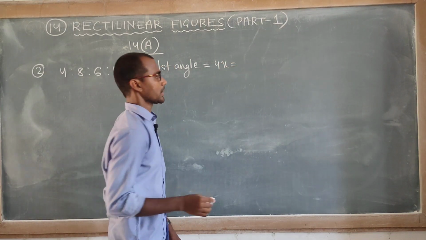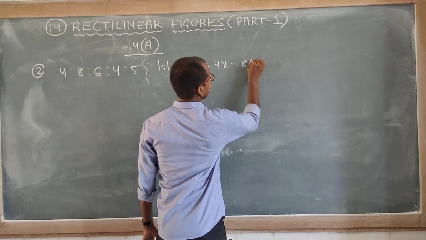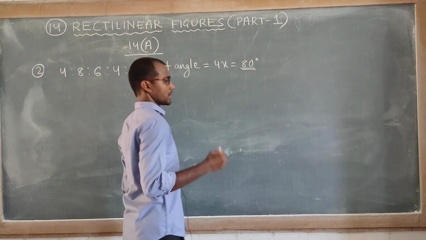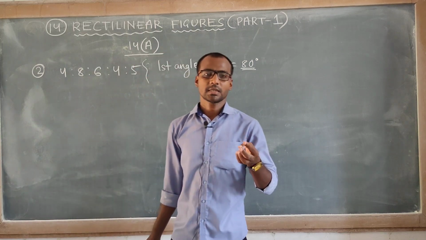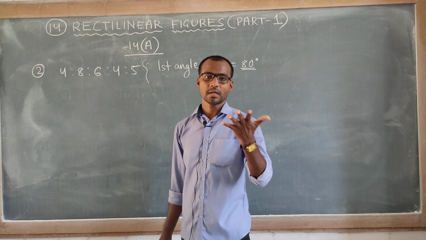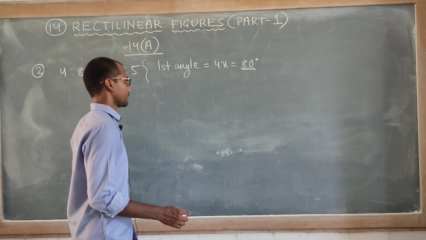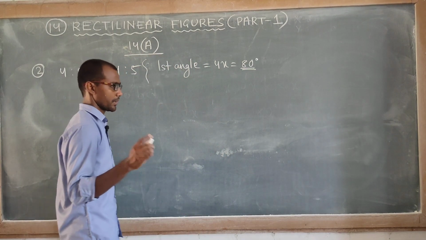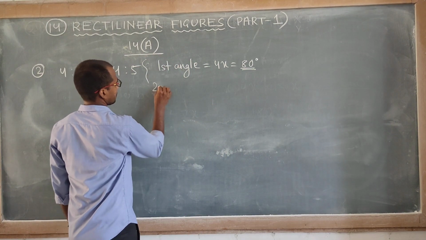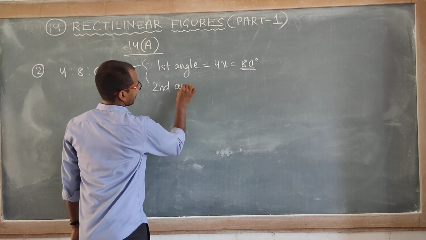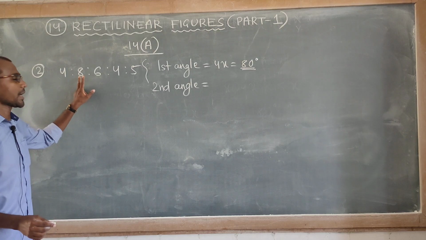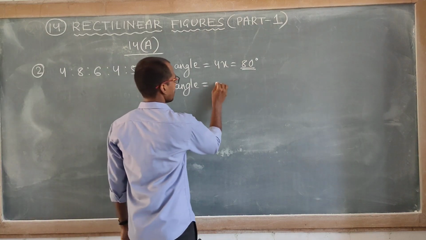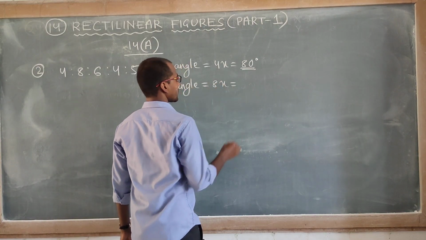So 4 into 20, that is equal to 80 degree. I have not given any name. You can give names: angle A, angle B, angle C, angle D, angle E. 5 sides, 5 angles. If you want, you can give names. Second angle is equal to 8x. So 8 into 20.